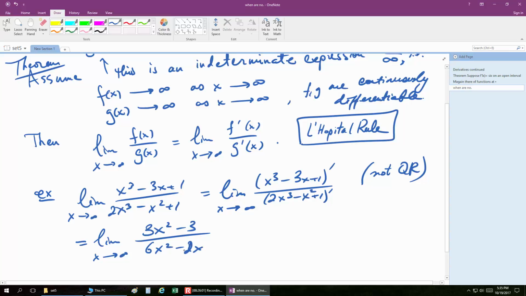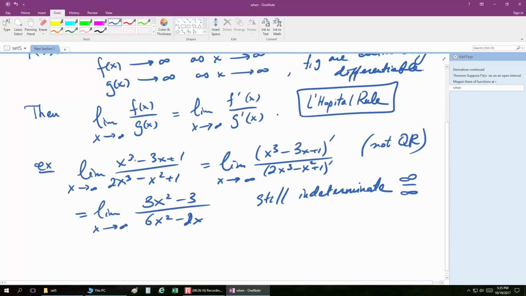Okay, I still have an indeterminate expression, because I still have infinity over infinity, which means that I can apply L'Hopital's rule again.